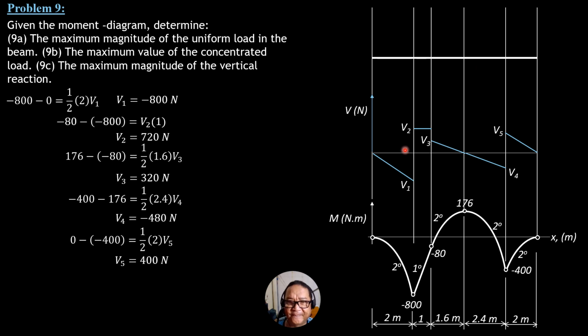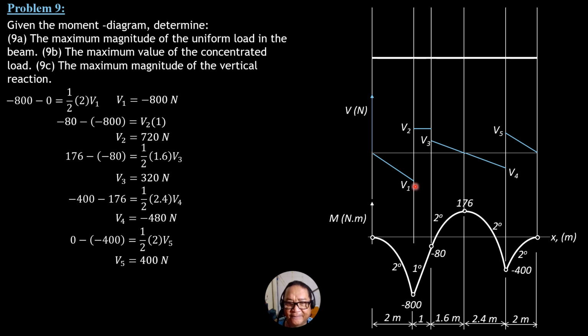Imagine that's the beam. So since the ordinate here is 0, remember, change in shear equals area above. This is first degree and negative. So that means we have a loading here which is uniform rectangular going down. I'll call that W1.